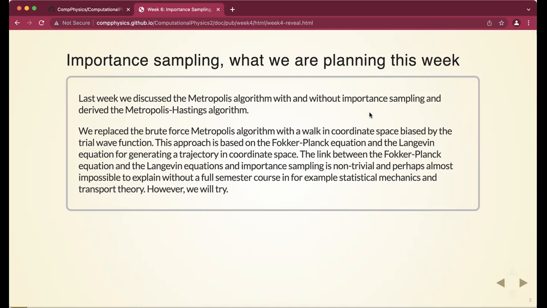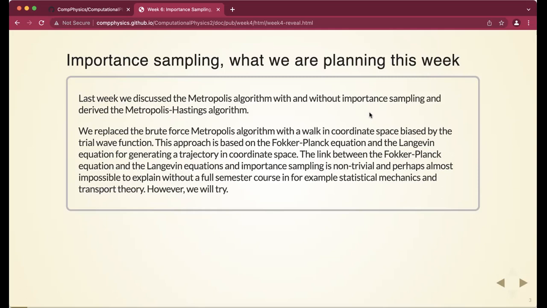And if you think back to the brute force jumping, the parameter there was the step size which we would fix, and then we would adjust it so that we accepted roughly 50% of the suggested moves. Now we're going to look at a better way of letting the random walkers jump.